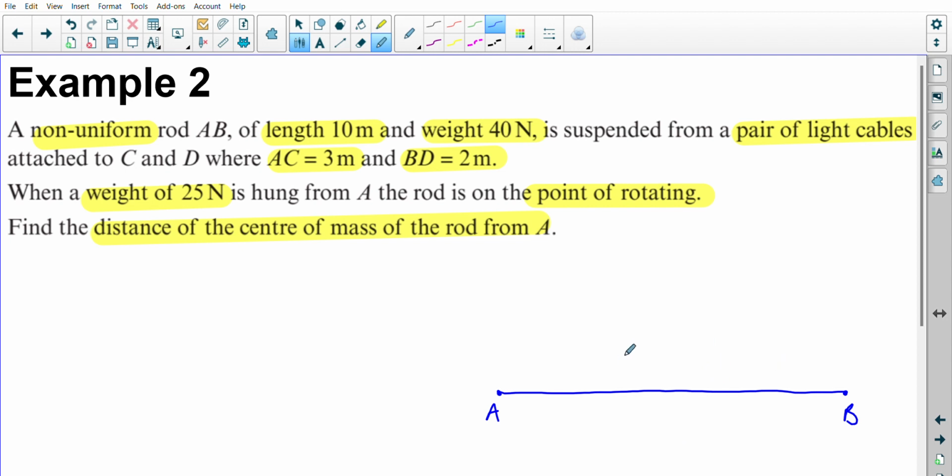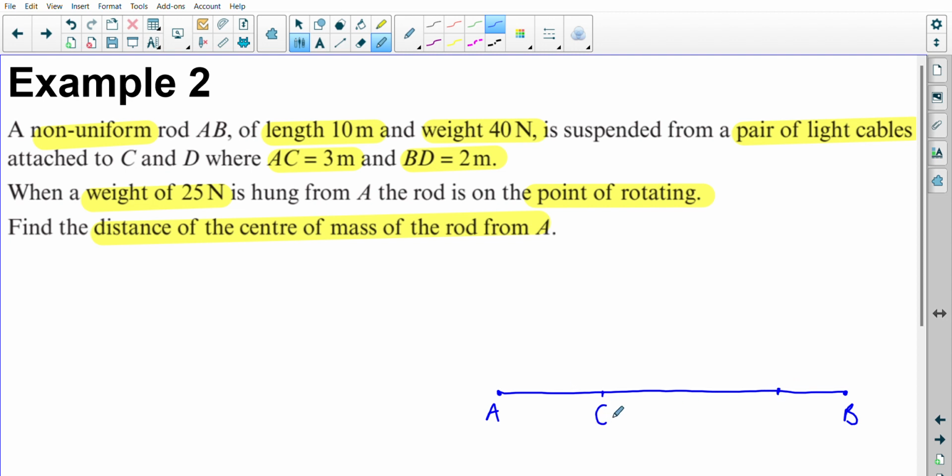So now it's hung from C and D, and AC is 3 meters and BD is 2 meters. So maybe I'm going like that for 3 meters, and then that for 2 meters, and then the middle will be 5 meters.